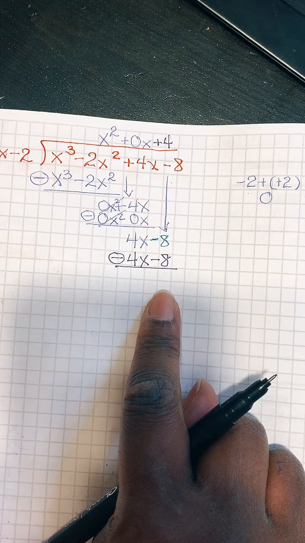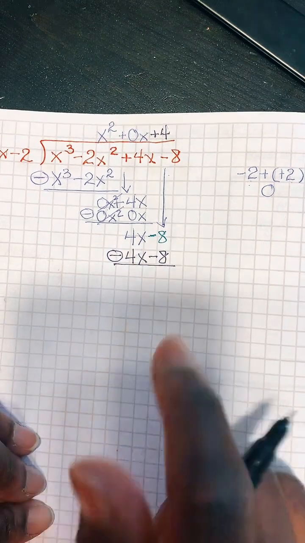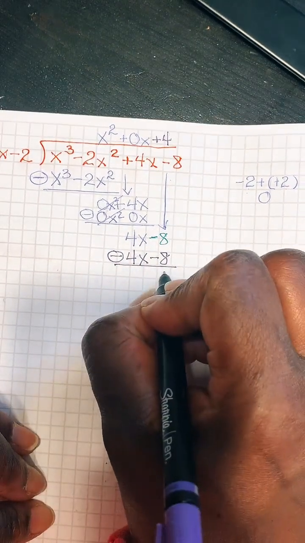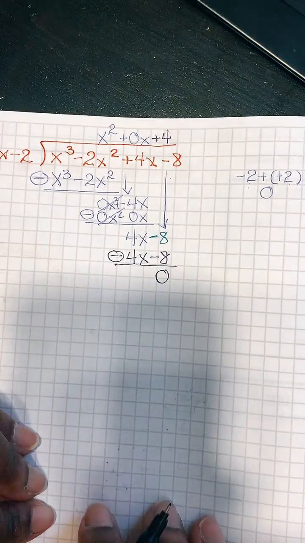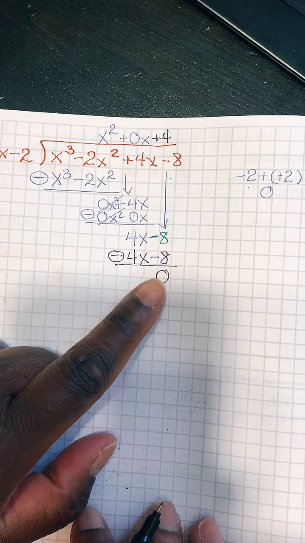Cancels completely. 0, 0, 0. Awesome. If they're exactly the same and you're subtracting, it's always going to give you a 0. So now we don't have a remainder.